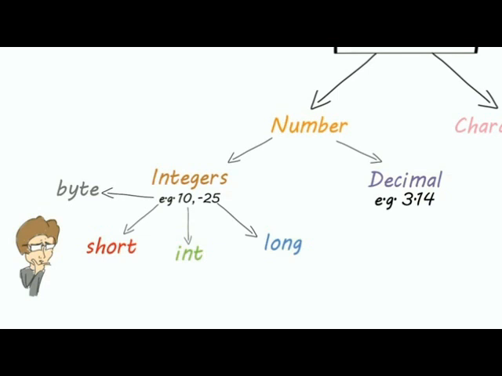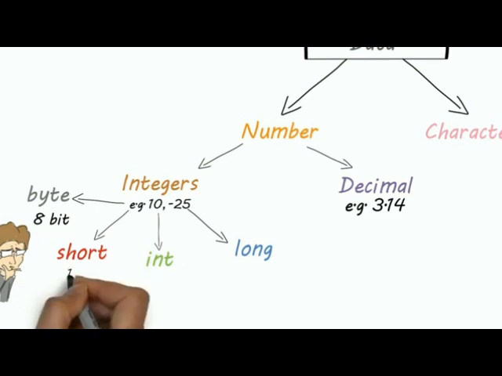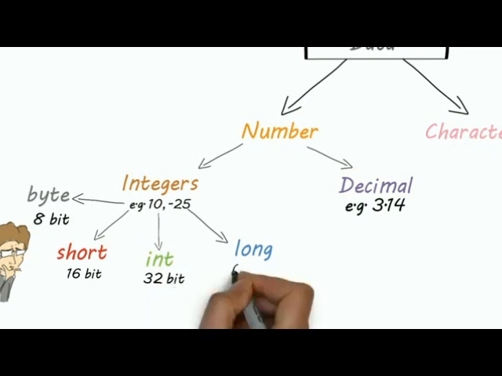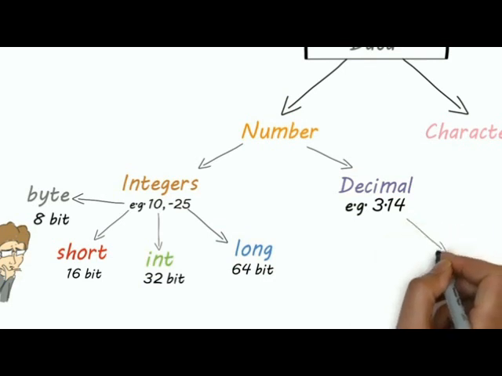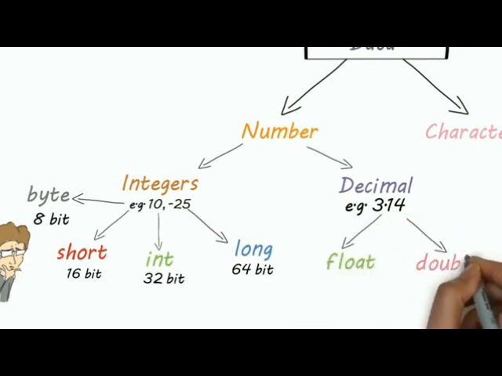These variables consume memory better, for better memory utilization. We have four different sizes, where byte is 8 bits, short is 16 bits, int is 32 bits, and long is 64 bits. Similarly, in decimals we have two data types, float and double.